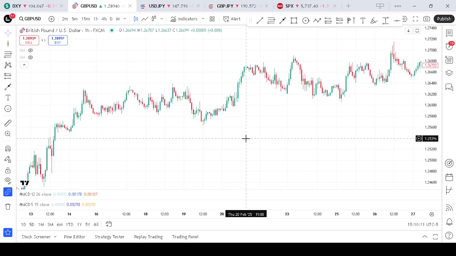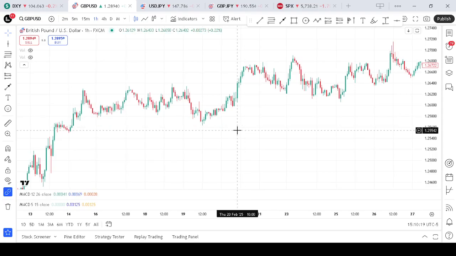In today's video we are going to be diving into a powerful and precise strategy that can help you filter out false signals and capture the most profitable trades. The double MACD strategy. This approach uses two MACD indicators to give you a clear picture of the market momentum and trend direction, allowing you to make more informed trading decisions.